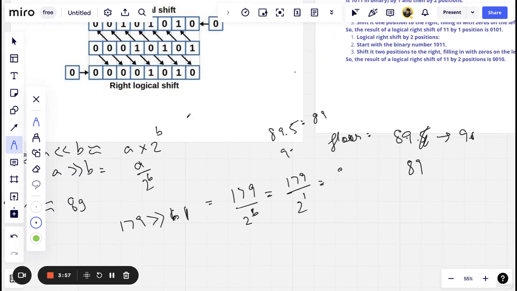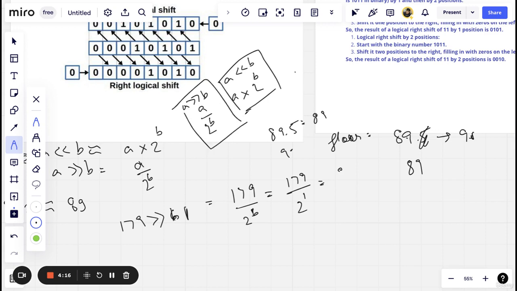Okay, so in right shift we simply divide A by 2 raised to the power of B, and in left shift we do A into 2 raised to the power of B. This one is left shift, this one is right shift.